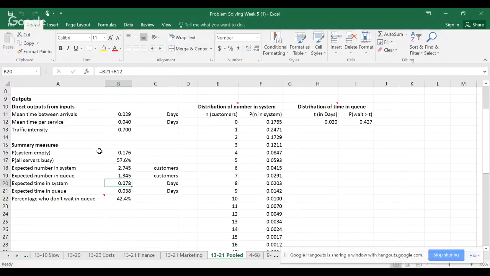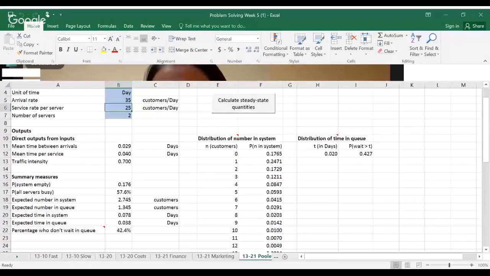Well, this model is correct, so I can alleviate your fears there. Just on the off chance there's something wrong with it, let me pull it up. But I'm pretty sure it's right.